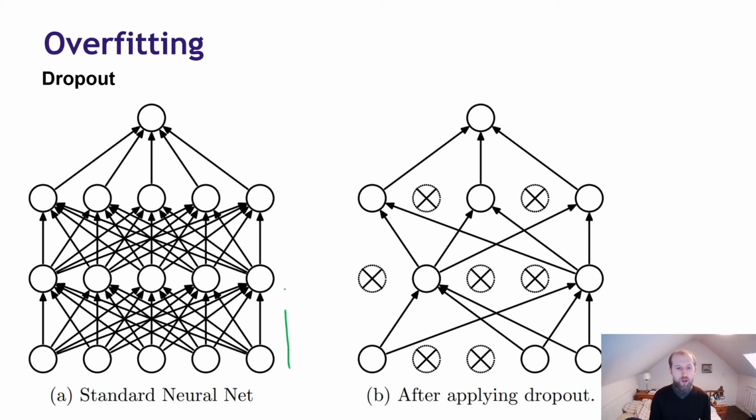So we do the forward pass and then we do the backwards pass, and we do that on just these nodes, but then all of the nodes come back, all of the weights come back, and we randomly select another proportion P to eliminate. So this is just what we eliminated the first time around. Second time around, maybe we're going to get rid of this one, and this one.